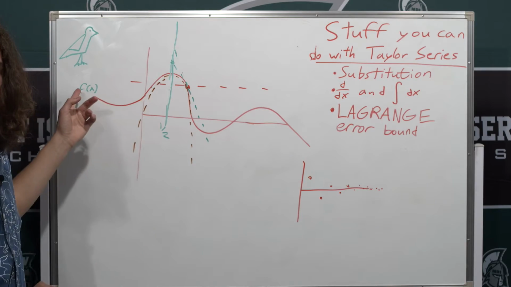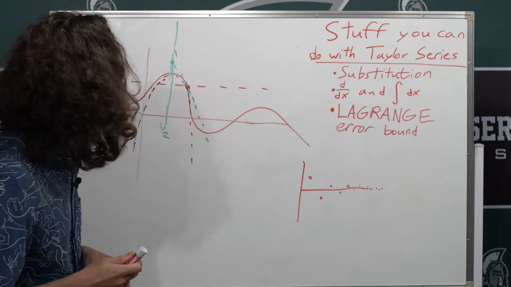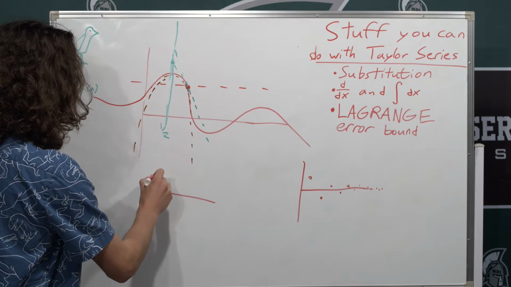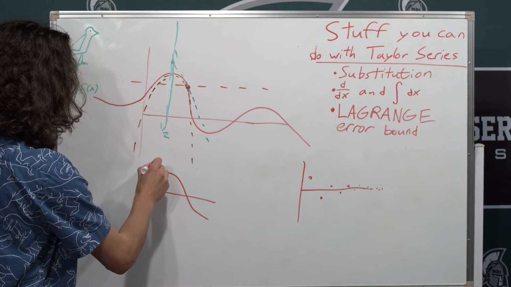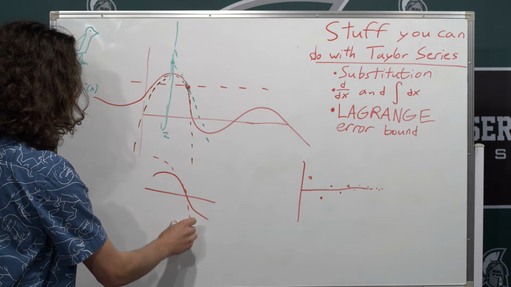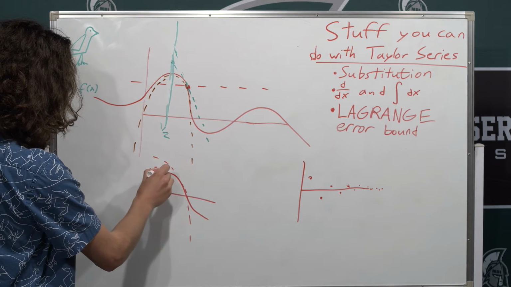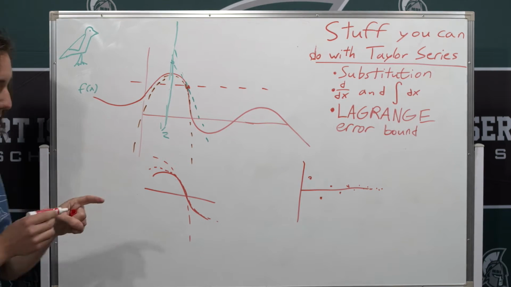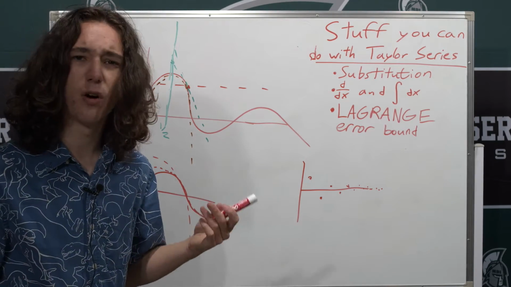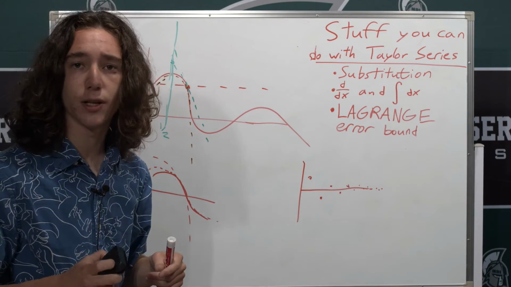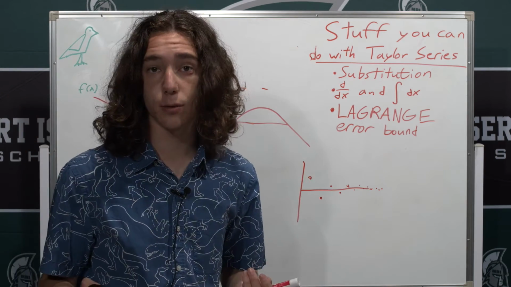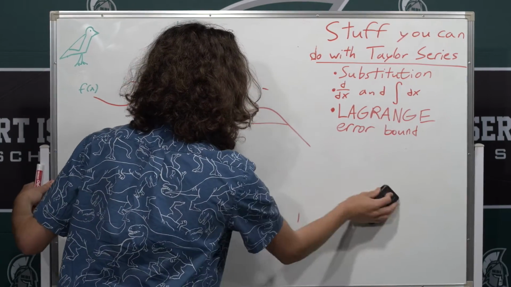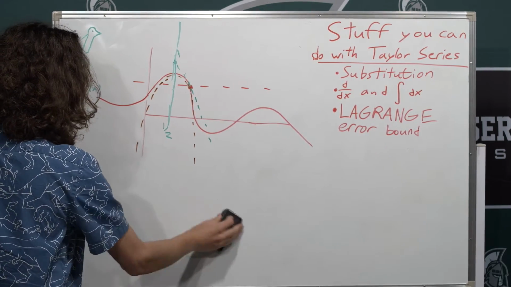Now here we can't say that the next term overshoots the sum, because what if you had, I'm going to make a new little model because this one gets messy. What if you've got a function and a Taylor polynomial, and then the next term doesn't overshoot it, but it pulls it closer? Like the difference from here to there pulls it closer, but it doesn't overshoot. So we can't say the same thing we did with our alternating series error bound, but we can use a similar principle. We can say the next term is probably very, very important.